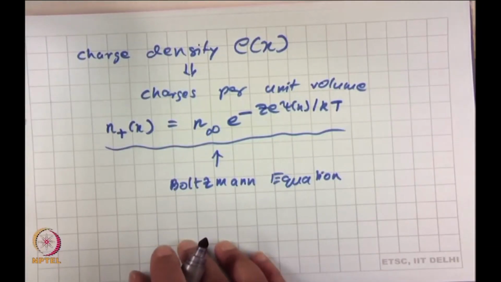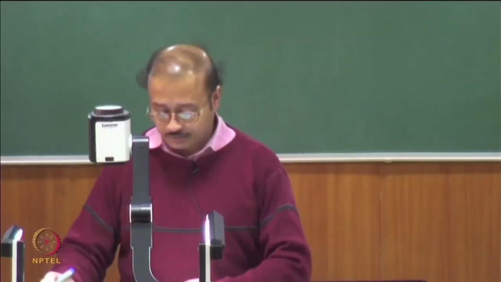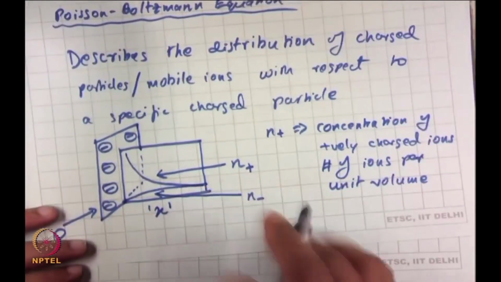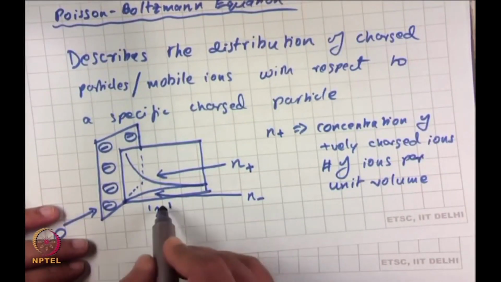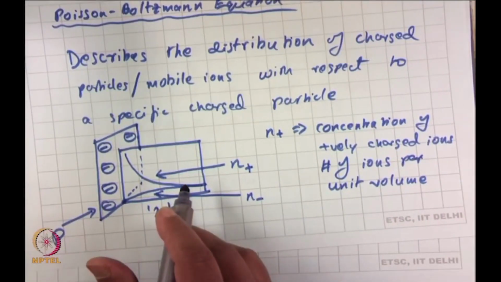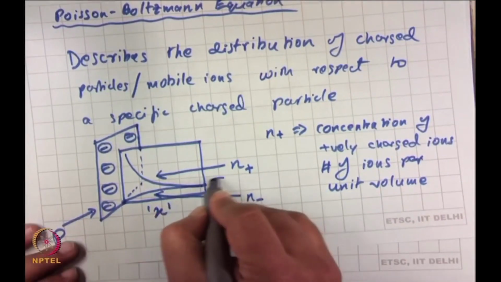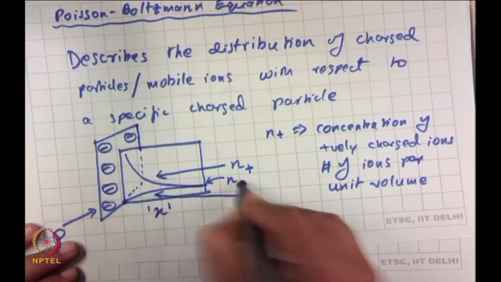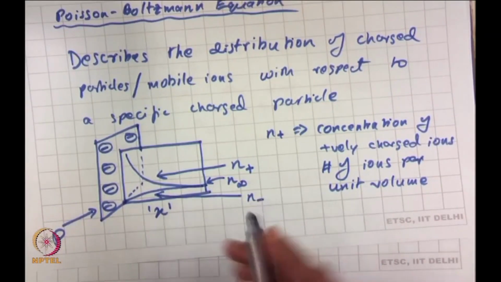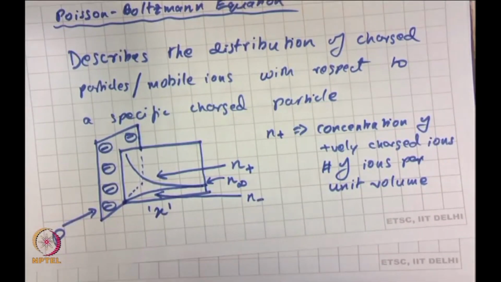What do I mean by n infinity? If you go back to the previous figure, infinity means an infinite distance. That means this is n infinity. That means I have moved to an infinite distance from the plane.